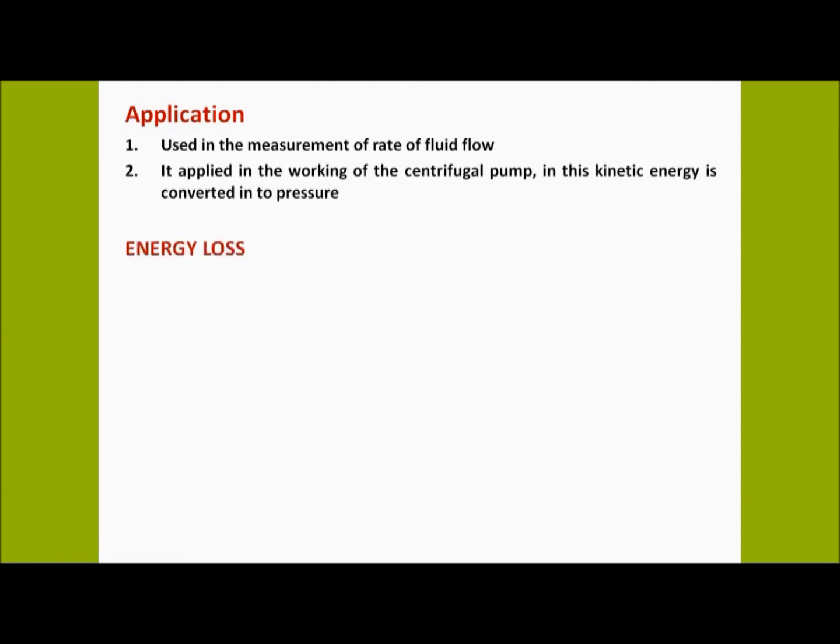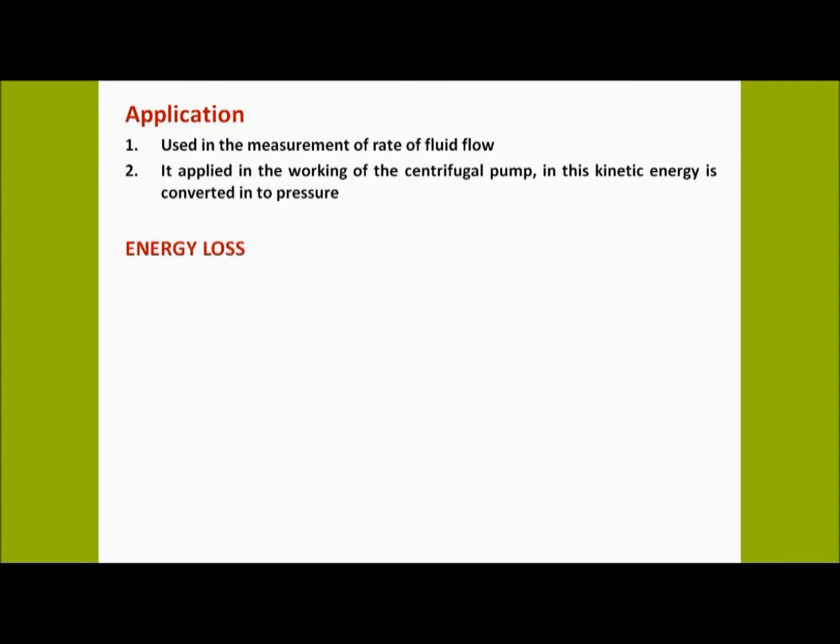Now during this process, during the flow of fluid, we encounter different types of energy losses. These energies are lost because if we start the flow of the fluid at point A1 and it comes out at point A2, the amount of energy somehow gets lost.